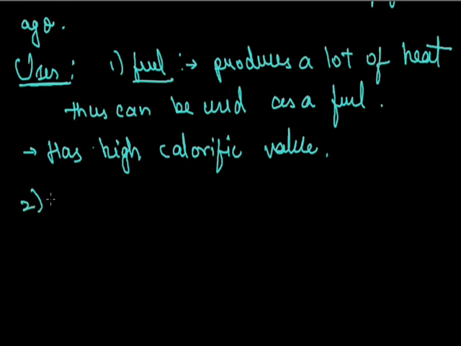The first point is that it is used as a fuel, but the added advantage is that it is a clean fuel. Now what does this mean? Clean fuel means on burning it does not produce a lot of waste gases which are harmful to us and to the environment.